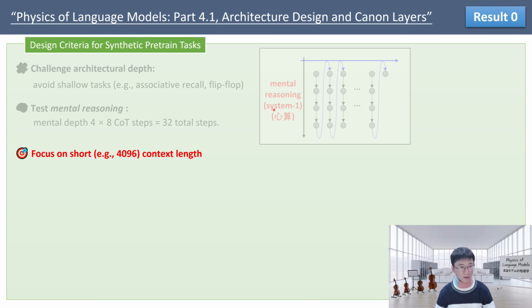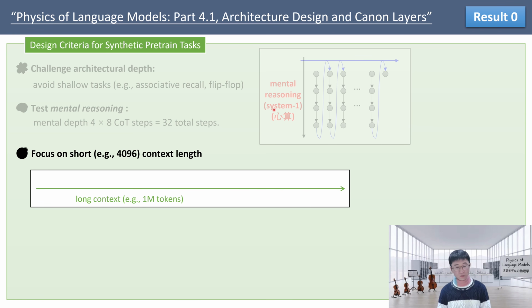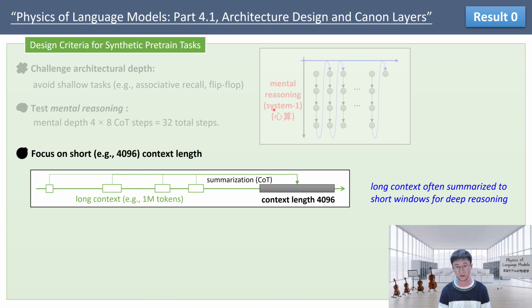The third design criterion that I want to emphasize is that let's focus on short context length, such as 4,000 tokens. In reality, yes, people care about, say, 1 million tokens at least. But in almost all the cases I can imagine, what people really care about is first to retrieve some relevant information to a local context of, for instance, 4,000 tokens, and then do the reasoning over there, locally.